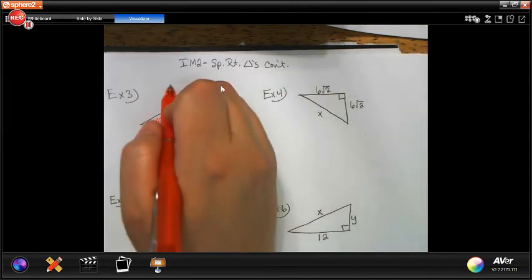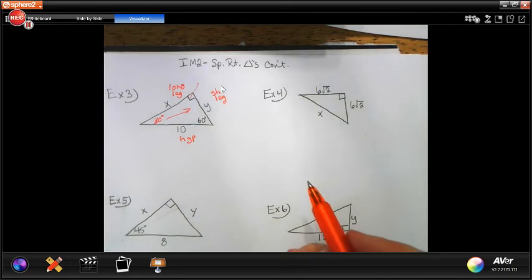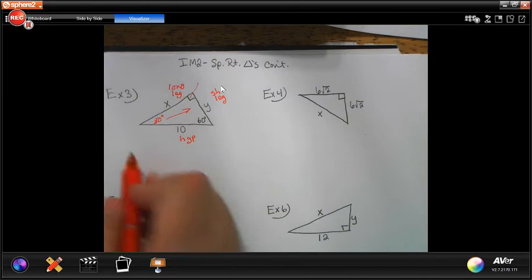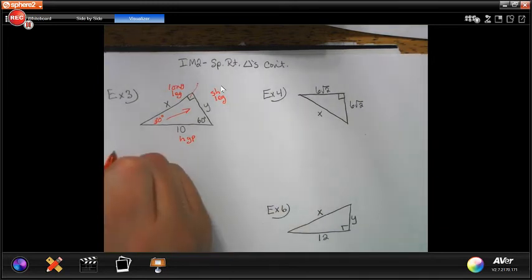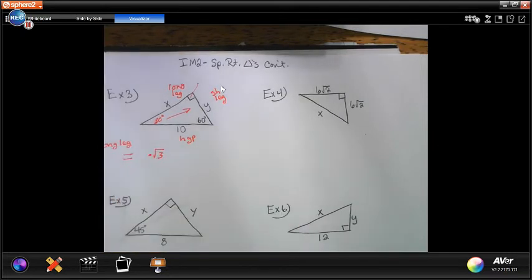That means the other side is the long leg. So we use our formulas. If I wanted to use my long leg formula, it is long leg equals short leg times radical 3.